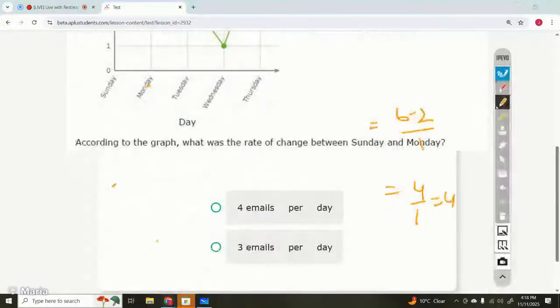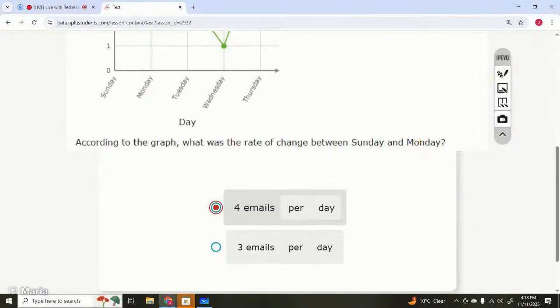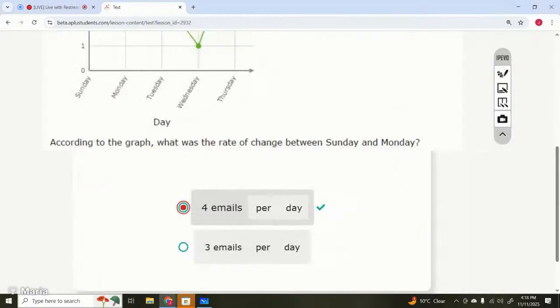So the rate of change between Sunday and Monday is 4 emails per day. Option number 1 is the correct option.